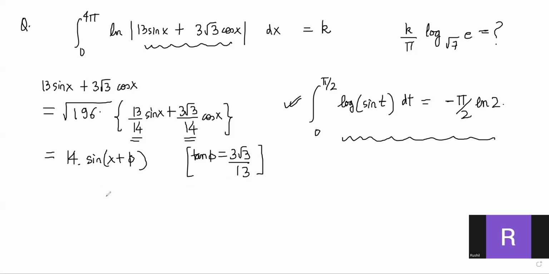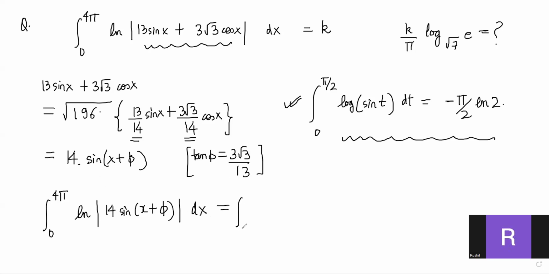So the integral is becoming 0 to 4 pi ln 14 sine x plus phi dx. Right.